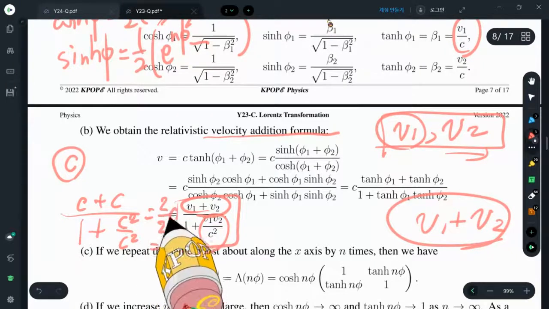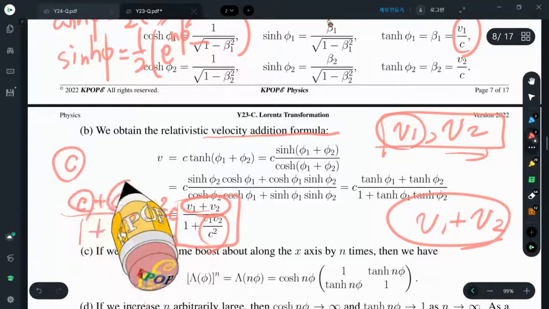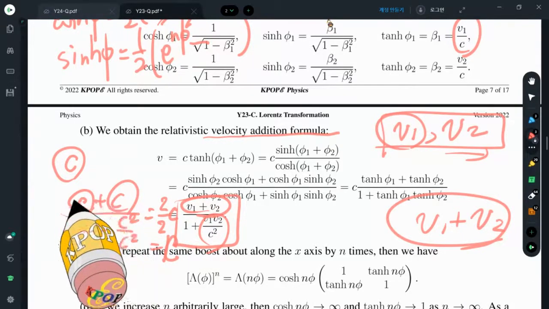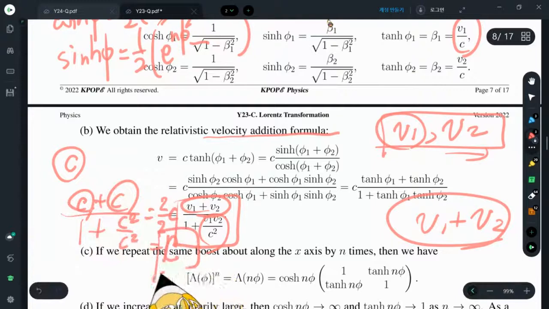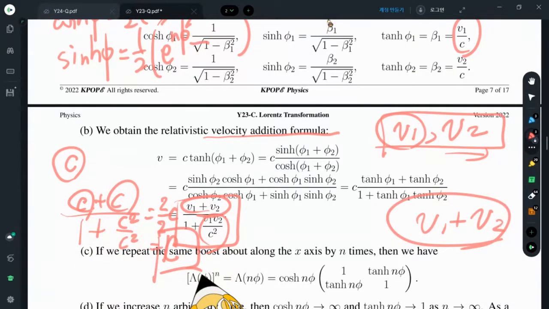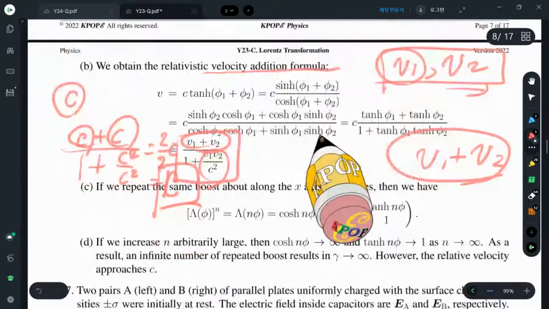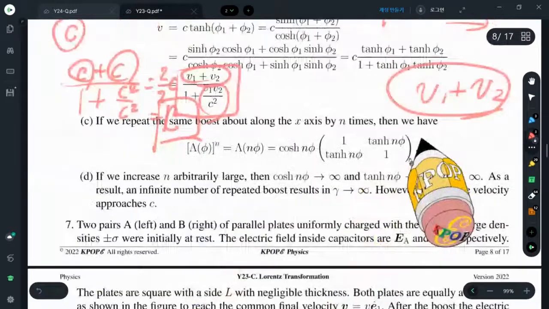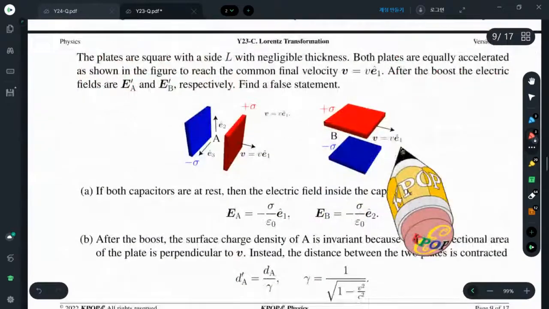That means the speed of light. You boost with the speed of light twice, then the result is the speed of light again. Interesting. This is a strong consequence of relativity and velocity addition.